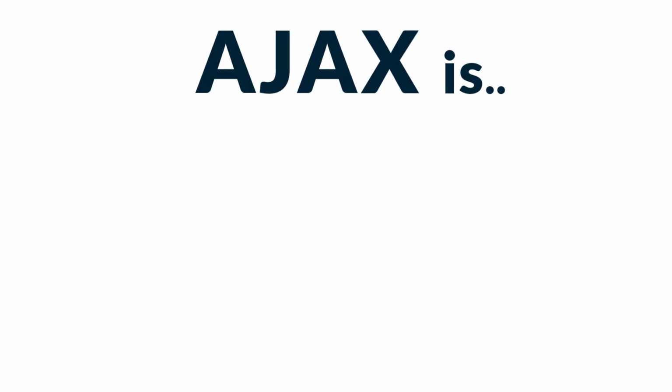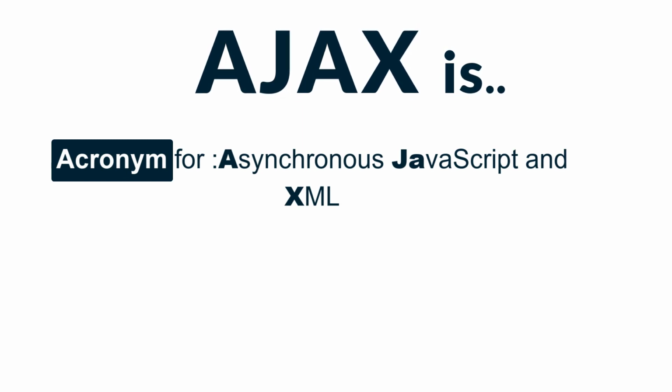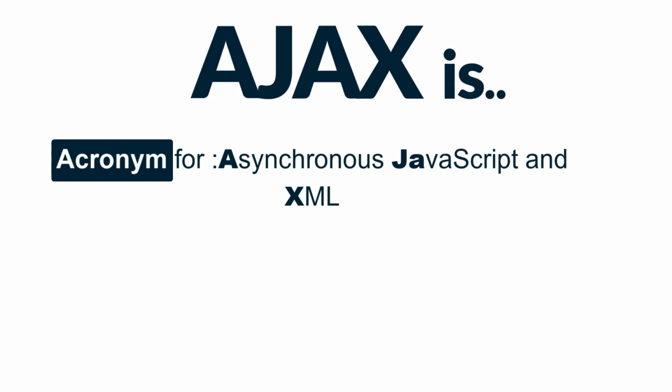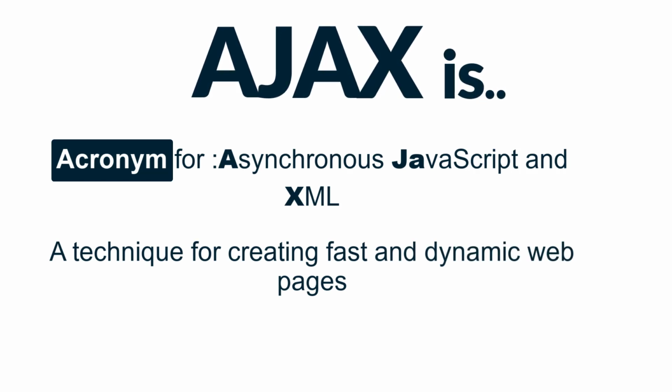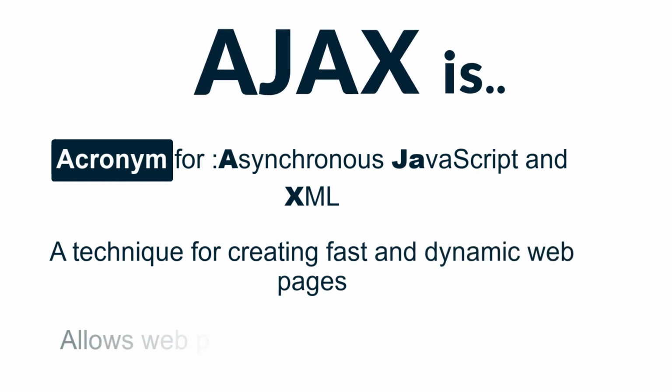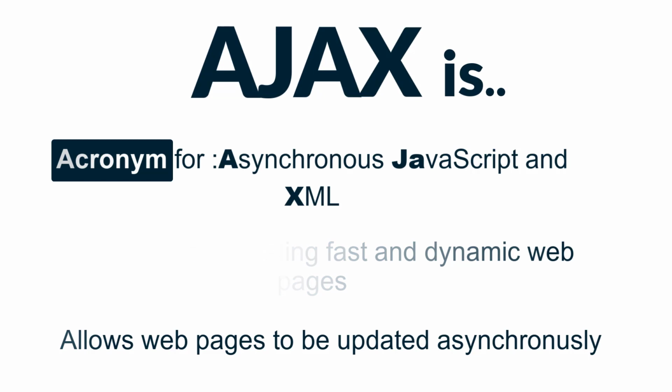So AJAX usually is an acronym for Asynchronous JavaScript and XML. It's usually a technique for creating fast and dynamic web pages, and it also allows web pages to be updated asynchronously by exchanging small amounts of data with the server behind the scenes, which means that it is possible to update parts of a web page without reloading the whole page.